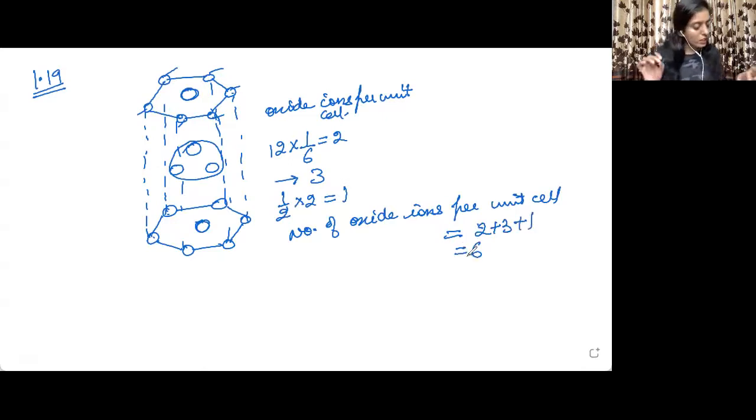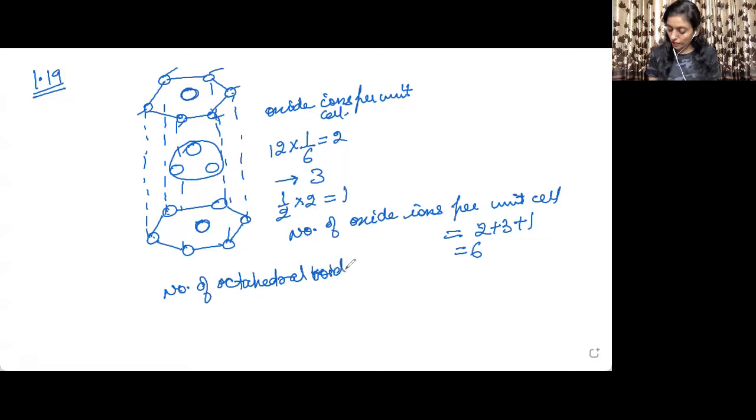Now we have been given that 2/3 of the octahedral holes are occupied by ferric ions. First of all, we need to know the number of octahedral voids. The number of octahedral voids is equal to the number of lattice sites, so it is equal to 6.